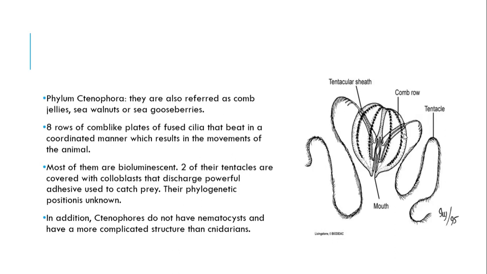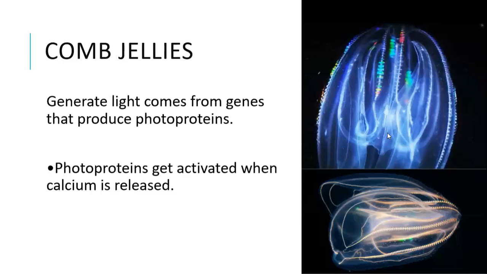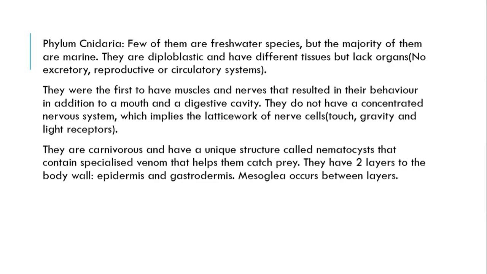When it moves, it produces a protein that produces light. A fun idea about comb jellies is that the luminescence they show is produced by photoproteins, which get activated upon the release of calcium, and this produces this magnificent light.